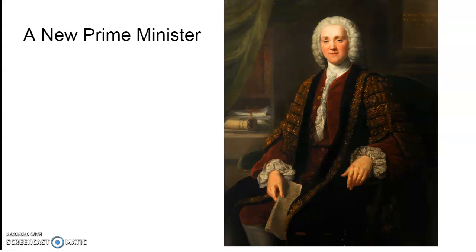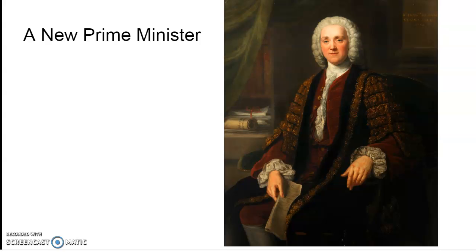And Grenville decides that he's going to solve Britain's defense and financial problems regarding North America by introducing a whole lot of taxes on the colonists, which of course the colonists do not like at all. But some of these acts, or taxes, but they're acts, would be the Sugar Act, the Stamp Act, and the Quartering Act.